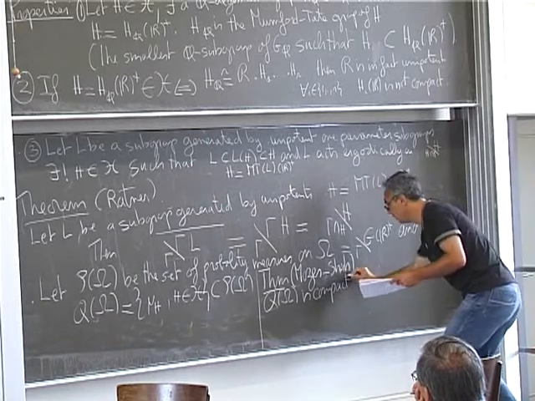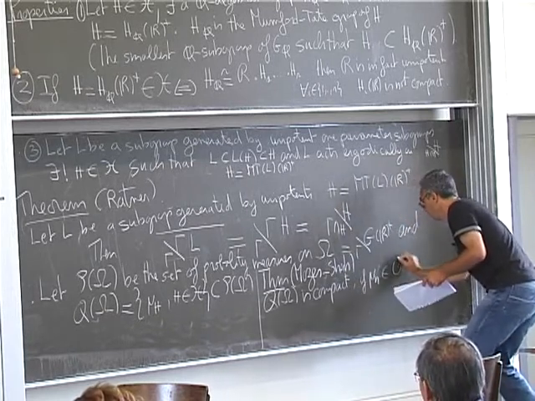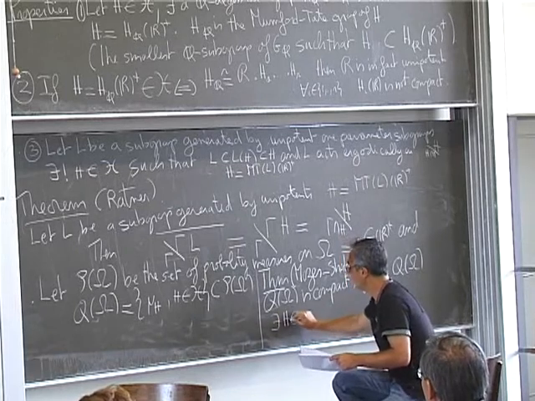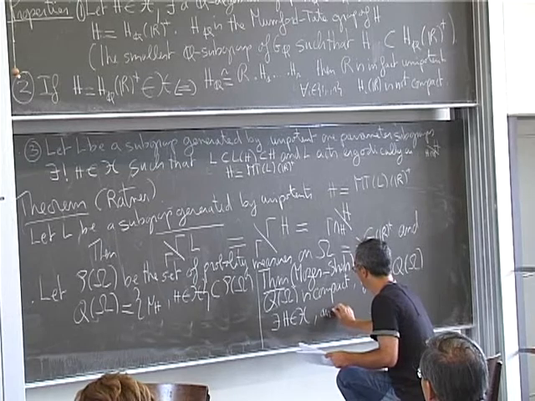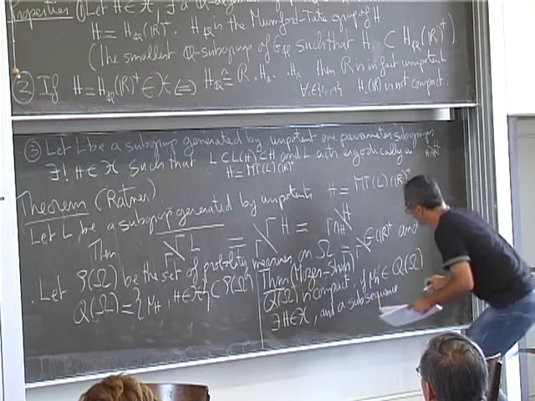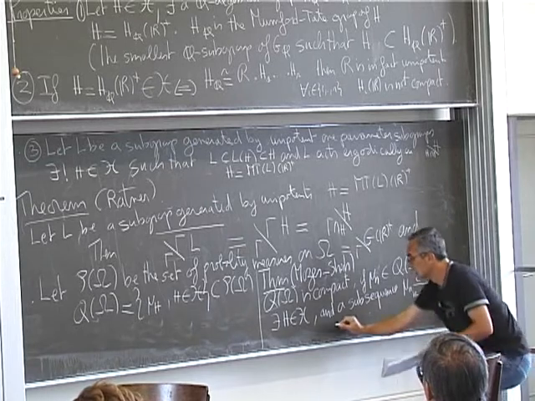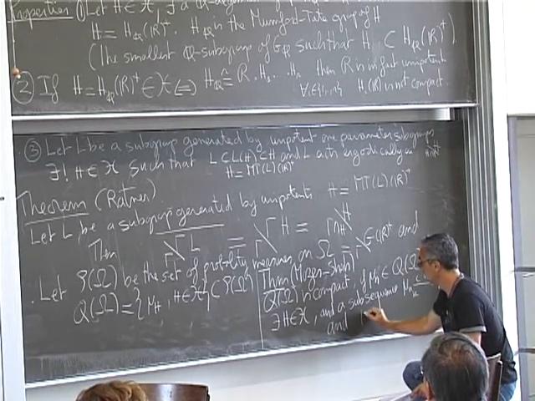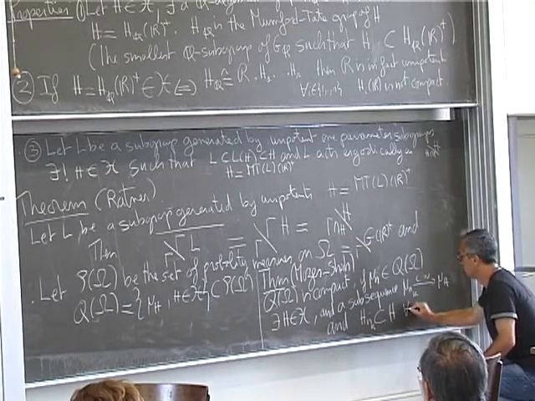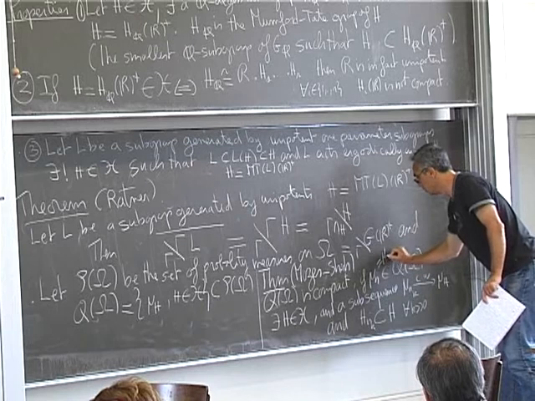And so what it means is that if mu n is in Q of omega, a sequence, then up to a subsequence there is this H in H and a subsequence mu n k converging weakly to mu H, and in this situation H n is inside H for k big enough, if mu n is mu H n.